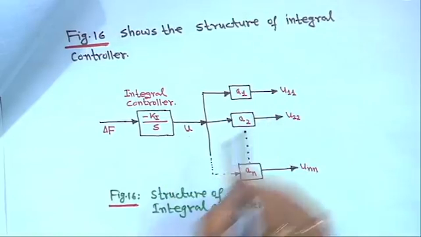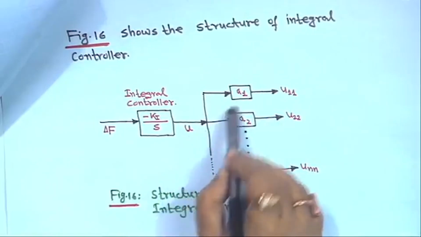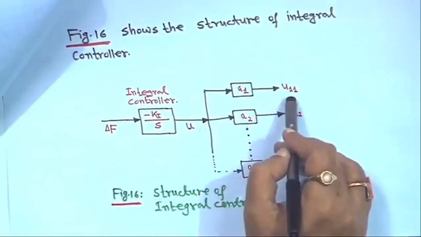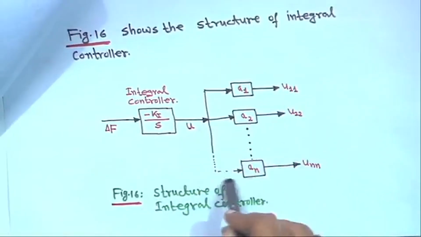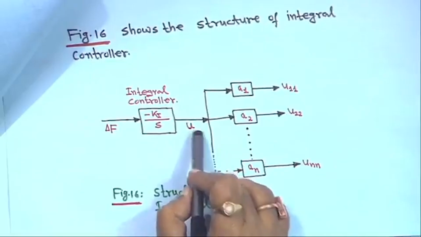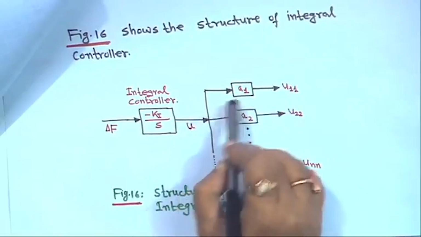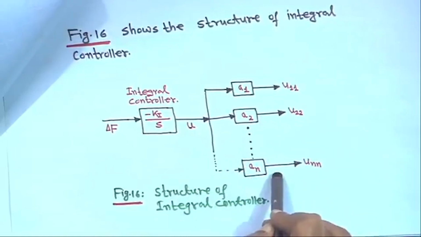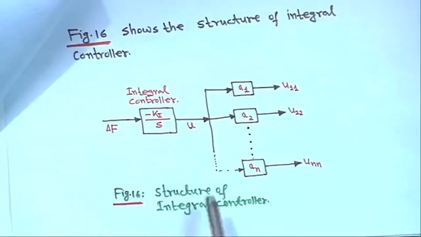And U1 is going to unit 1, U2 going to unit 2 and U_n going to unit n. So, U1 is equal to A1 into U, U2 is equal to A2 into U, up to U_n is equal to A_n into U. So, this is the structure of the integral controller.